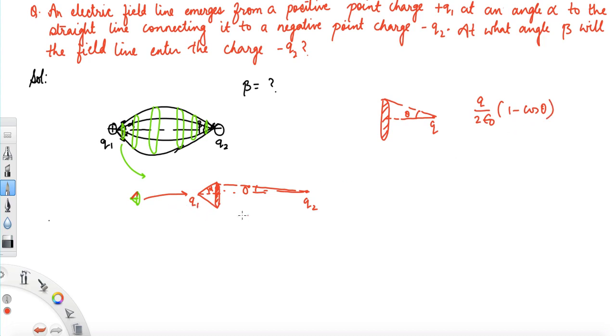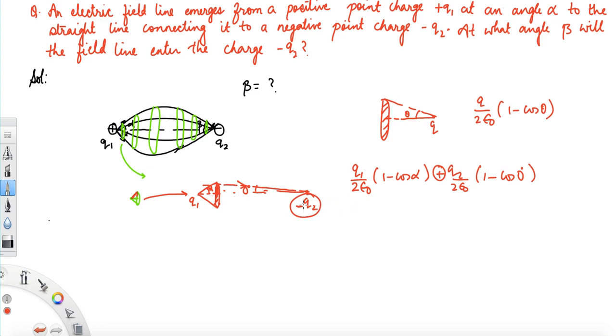Using this formula, we can write the net electric flux through this cross section. It is going to be q1 over 2 epsilon naught times 1 minus cos of theta, in place of theta we put alpha, plus q2 over 2 epsilon naught times 1 minus cos of 0 degrees, and by the way, this is negative q2. Since it is negative, the positive sign will be there, because the electric field due to this is going to be in the same direction.